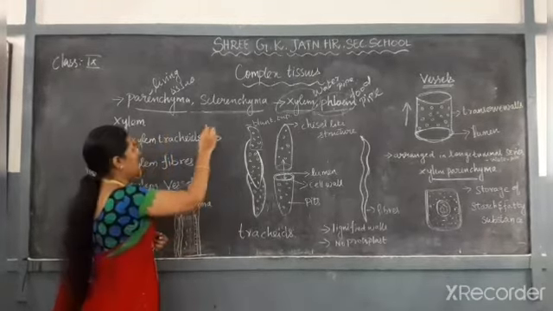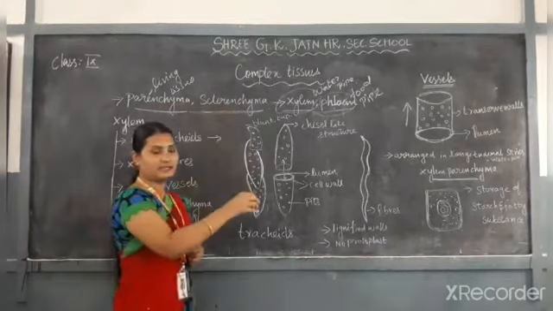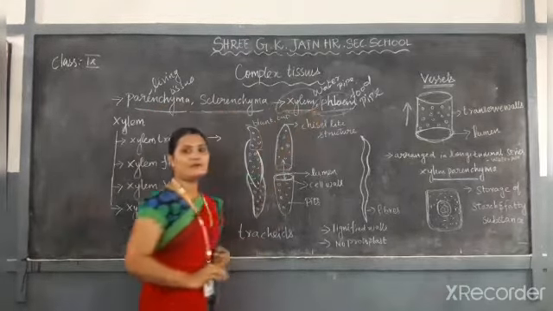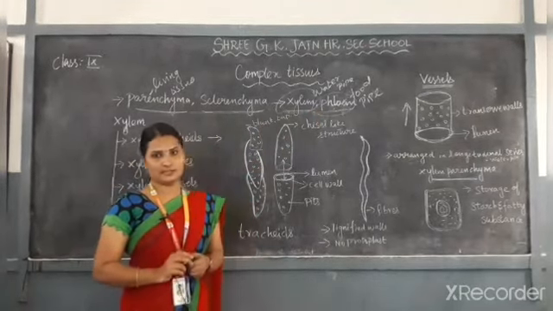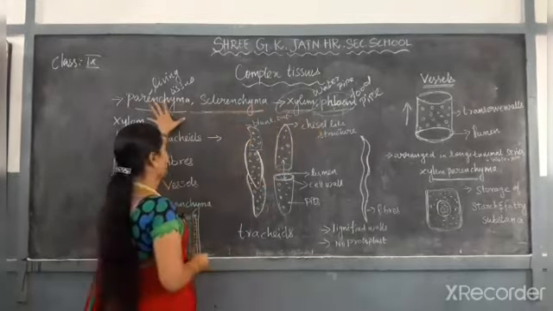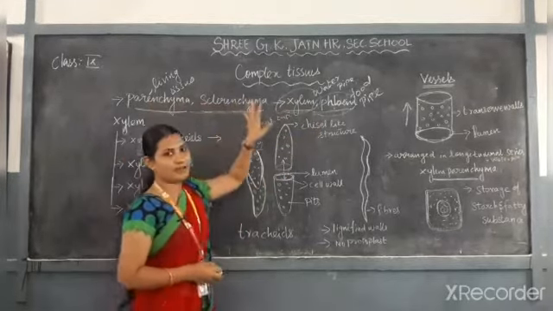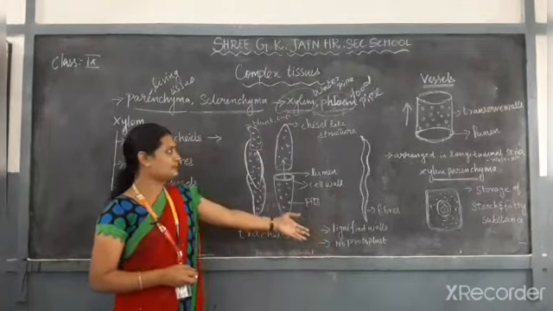Parenchyma and sclerenchyma are present in the complex tissue. However, collenchyma will not be present in the complex tissues. Only xylem and phloem are composed of parenchyma and sclerenchyma tissues.